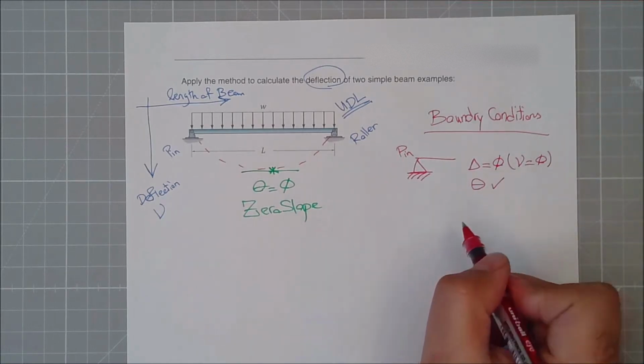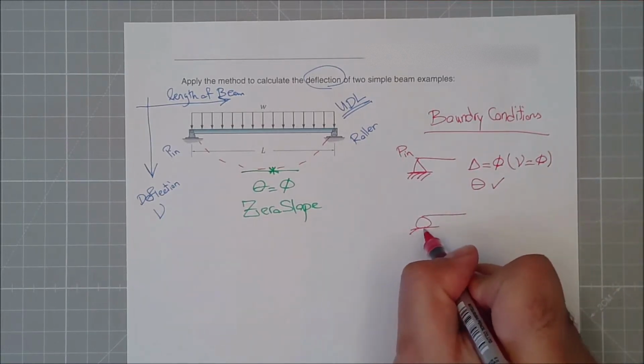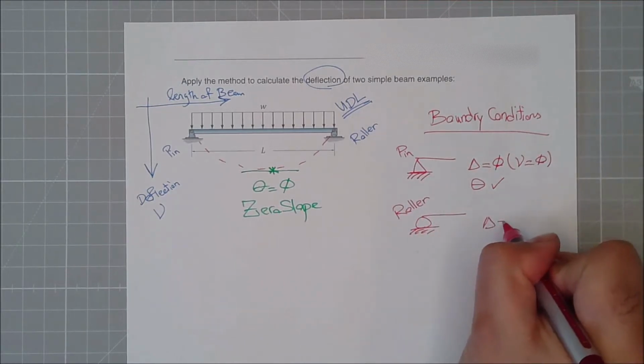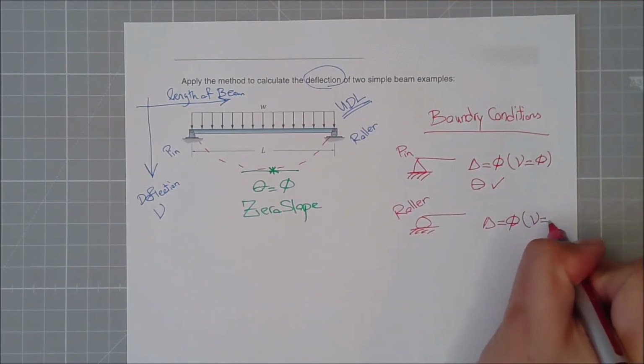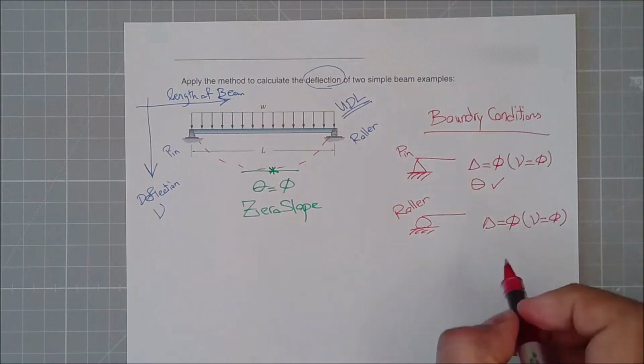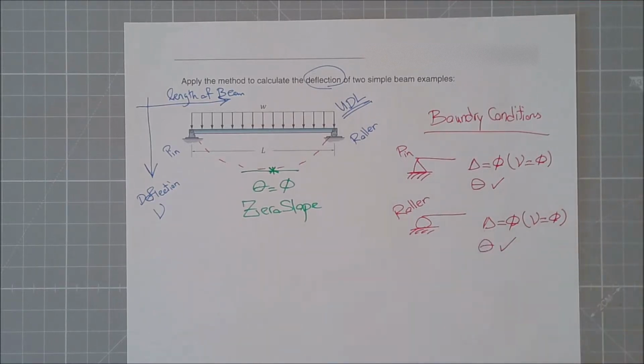The same thing applies with the roller as well. Again, we said deflection is zero at the micron where they connect. I can show the deflection with either the capital delta or this, and there is slope. I don't know the value, but there is slope, as you can see. It's not like the fixed support, where there wasn't any slope.